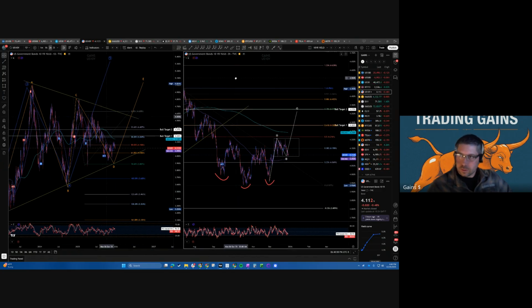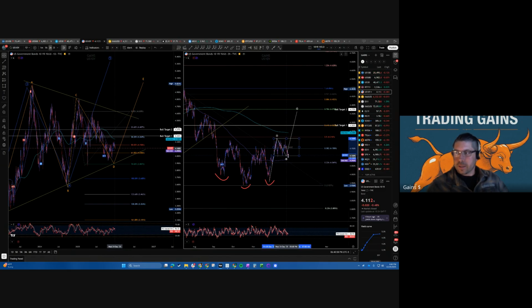Looking at the yield, I do think that we're doing a little bit of consolidation here. Before I say this, I do have some evidence to back it up.